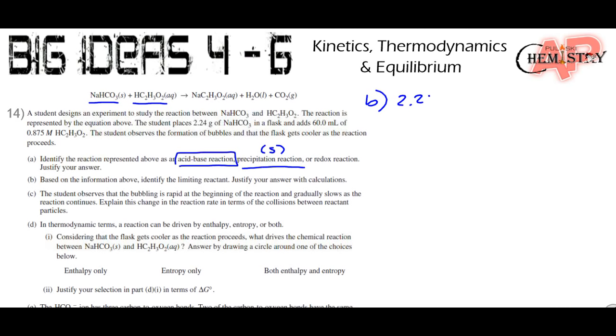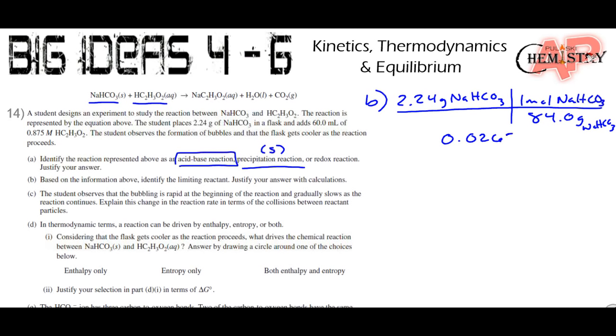One of them we're given in grams, so we need to convert to moles using just a T-chart. The second one we're given as a solution, so that changes things just a little bit.